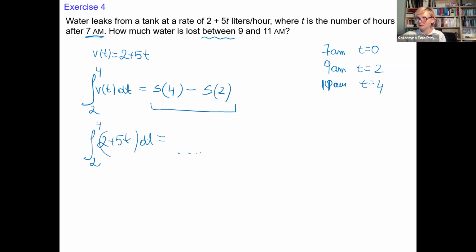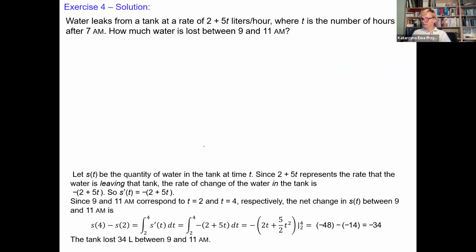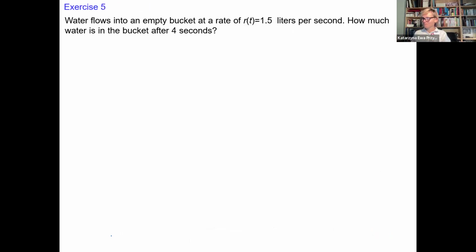Probably a super easy integral. And that will be the answer. The answer is 34. Because it's leaking, it would be negative, but it's 34 liters. Okay.